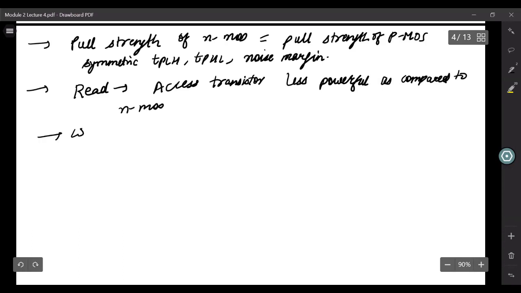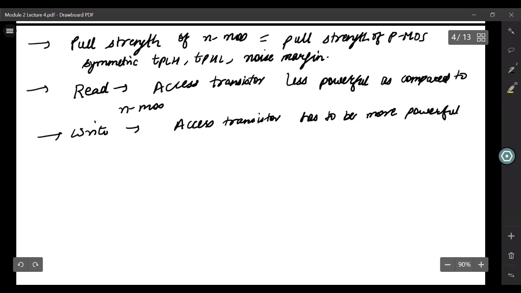And for write, your access transistor has to be more powerful than your PMOS.